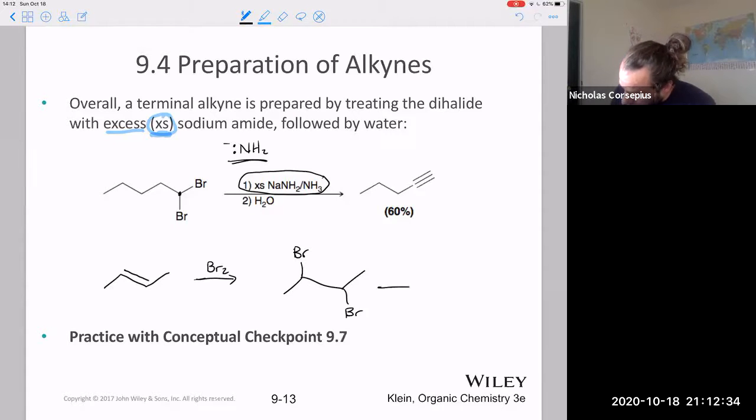Then we can turn around and treat this with our sodium amide or some strong base. It's important to follow this up with water, especially in the case of a terminal alkyne. We'll see why that is towards the end, but just note, we'll be able to form a triple bond. So it's actually a pretty powerful thing to be able to treat these dihalides with strong base in order to get this new functional group.